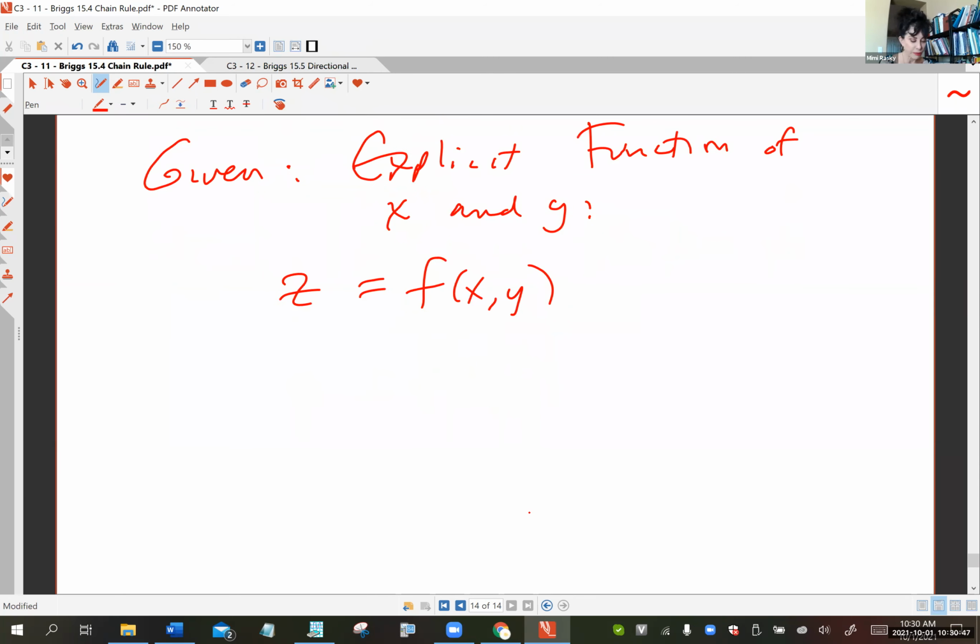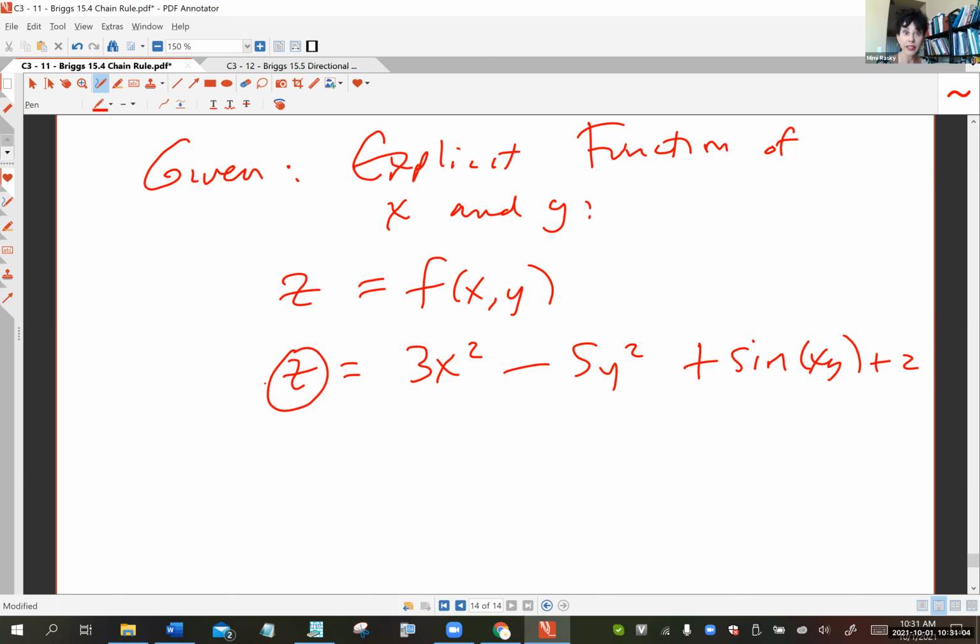So you're given z equals f of x, y. As an example, I'll just make something up: z equals 3x squared minus 5y squared plus sine xy, plus 2. There is a function of x and y, and it's explicit. Why is it explicit? Because z is on one side of the equation, and the x's and y's and all the other numbers are on the right.